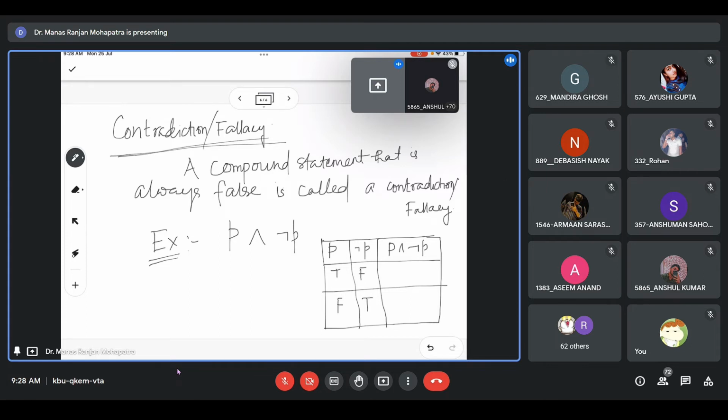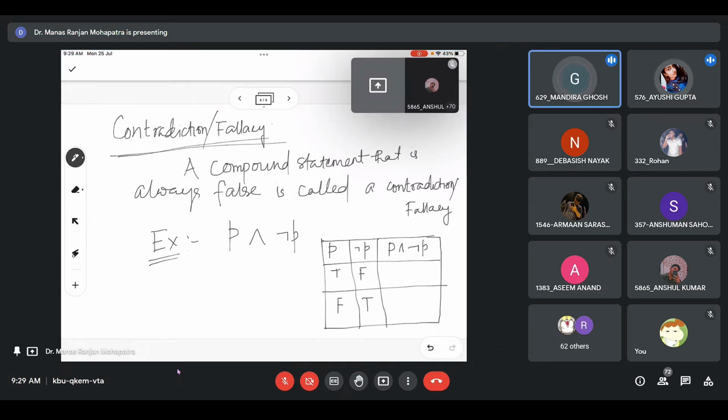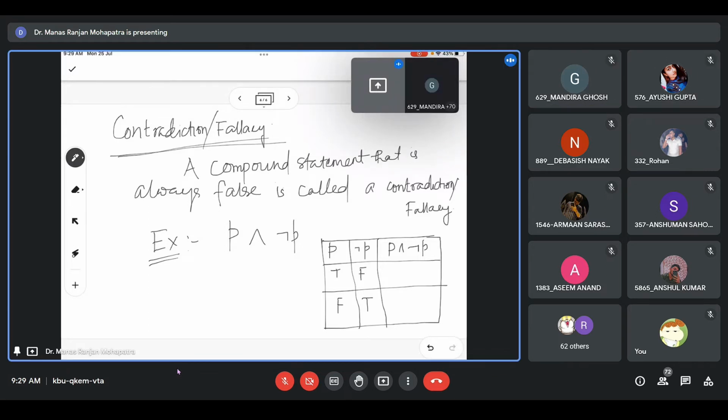Now how about this conjunction? When is the conjunction true? When both the statements are true. But here you can see that here it is true, false, and here it is false, true. So the conjunction of the two statements will be false in both rows.